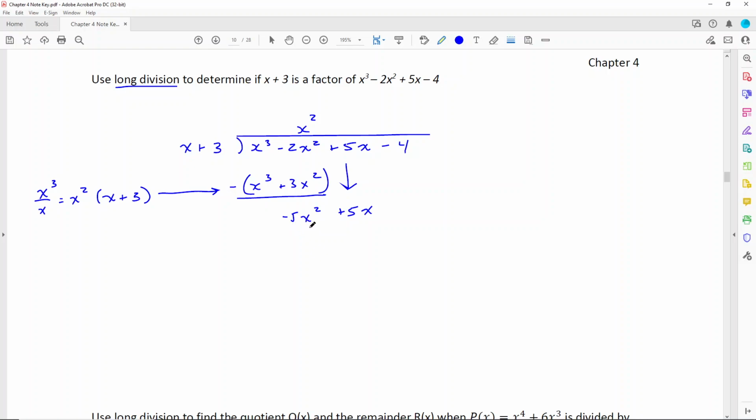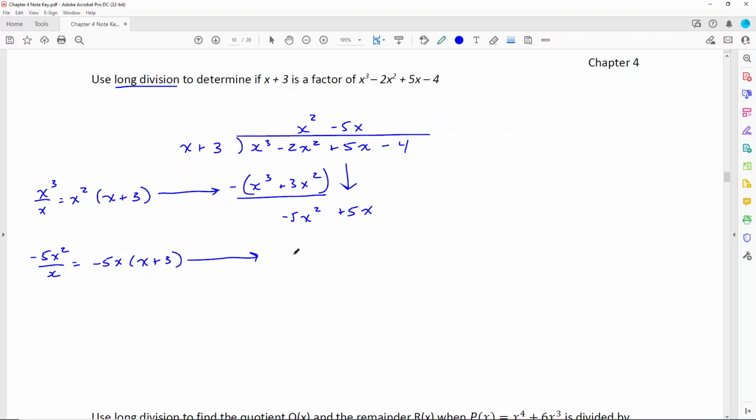Then I repeat the process. Again, I'm taking the first term in my new dividend, dividing it by the first term in the divisor. I get negative 5x squared divided by x equal to negative 5x. Then you write that up in your quotient, and then you multiply. Negative 5x times x plus 3.